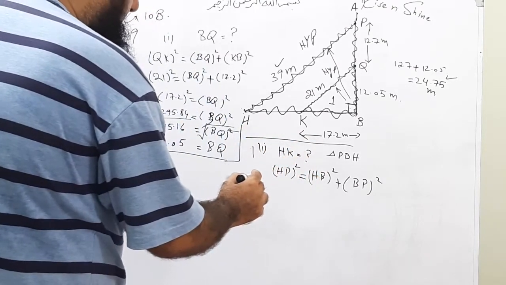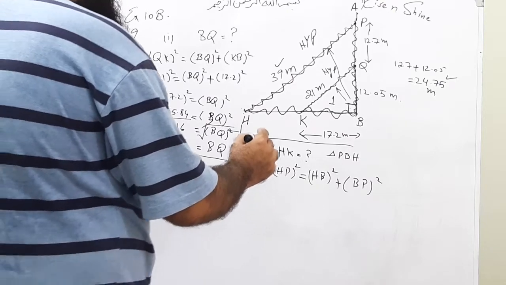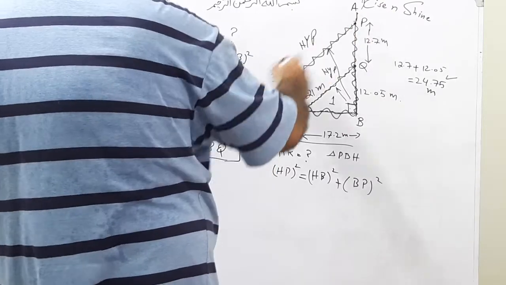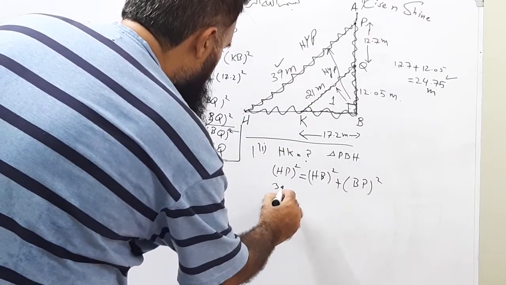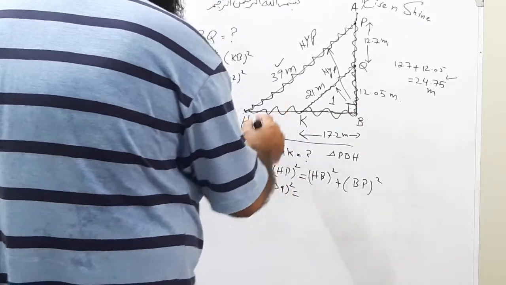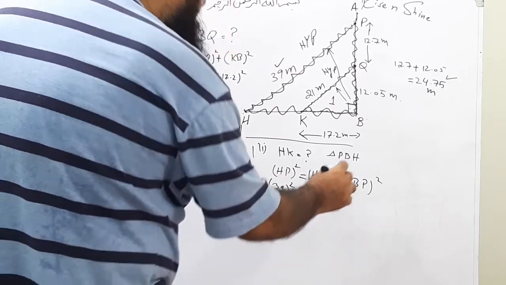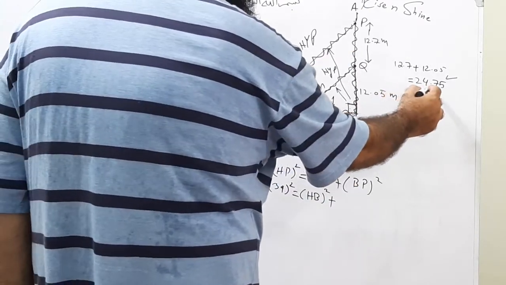Now we'll put the values. HP 39 square is equal to HB, HB is unknown, plus BP. BP is this one, 24.75.